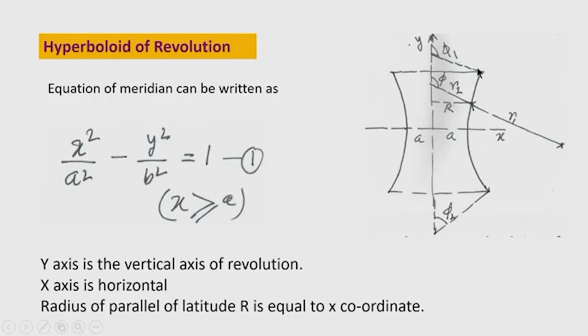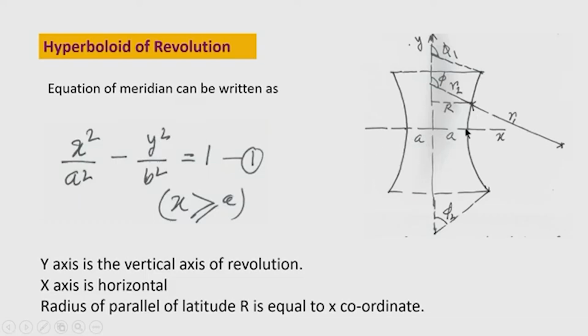So, this is the meridian, which is a hyperbola, and the equation of the meridian can be written as x square by a square minus y square by b square equal to 1, where a is the distance between the vertex of the hyperbola and the axis of rotation, whereas b has to be found from the distance of the foci, which also lie on the transverse axis, as the distance between the two foci is related by the equation c square equal to b square plus a square.